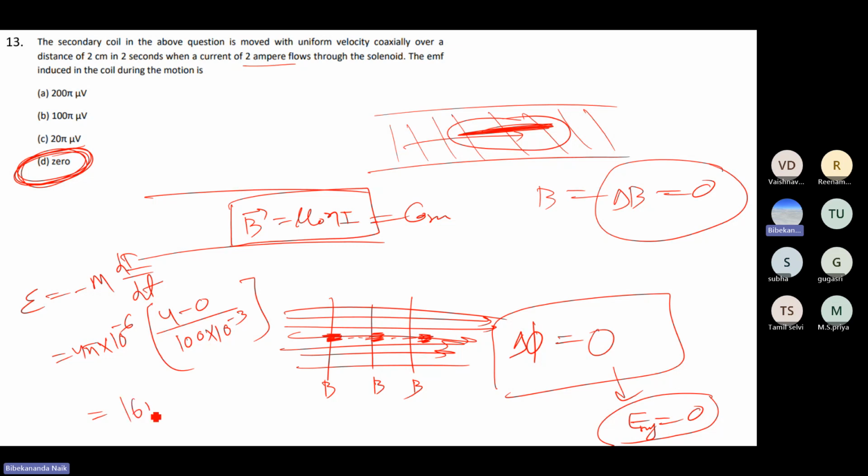So 4 into 4, 16 pi into 10 to the power minus 6 into 10. So it will be 160 pi into 10 to the power minus 6 volt. So this will be the EMF that will be induced.